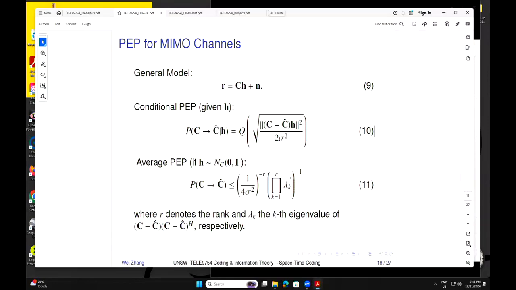And remember, the Q function is a decreasing function. If you have a larger T in Q(T), the Q value is smaller, right? So for sure, you wish the delta to be as large as possible. If delta is larger, then the Q value is smaller, because Q is a decreasing function. So a larger delta gives a smaller error probability.